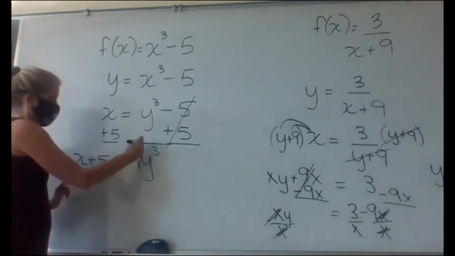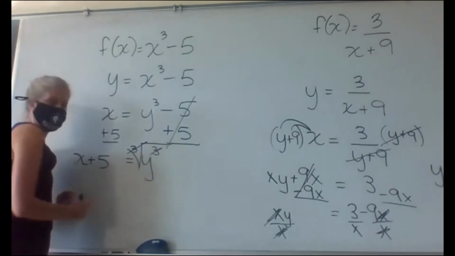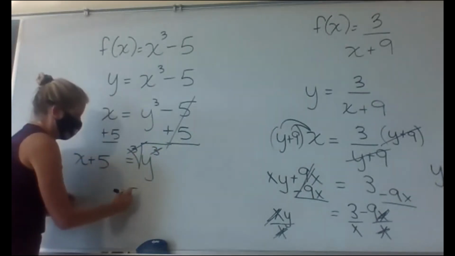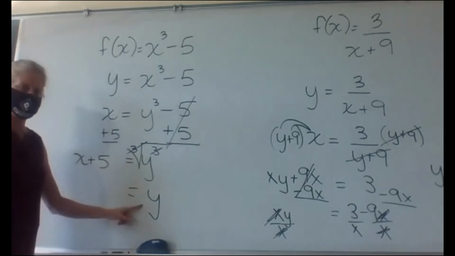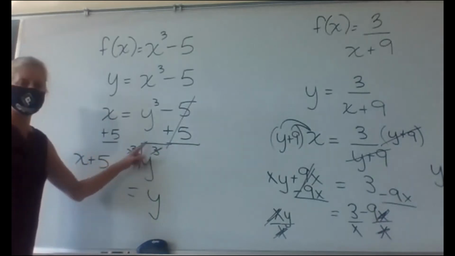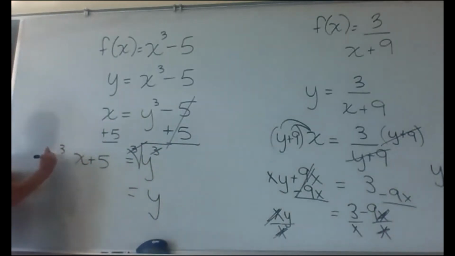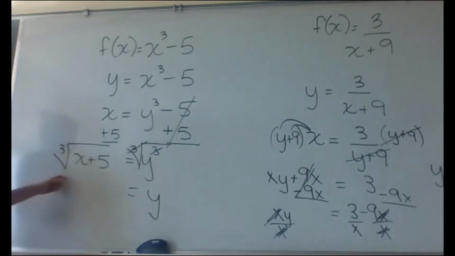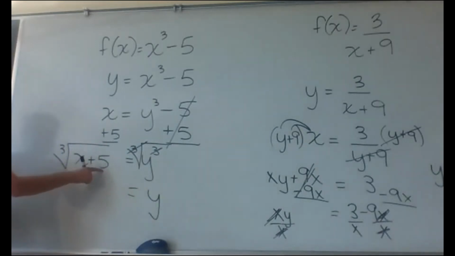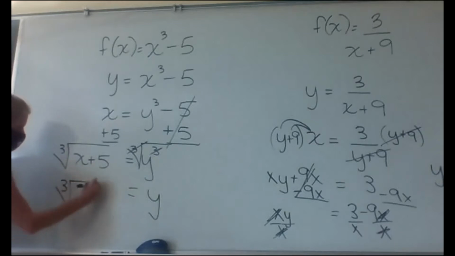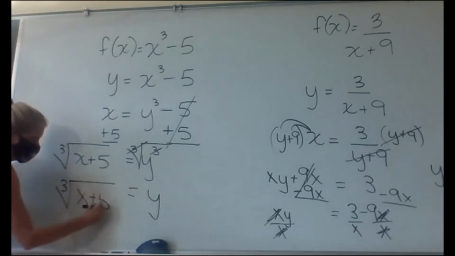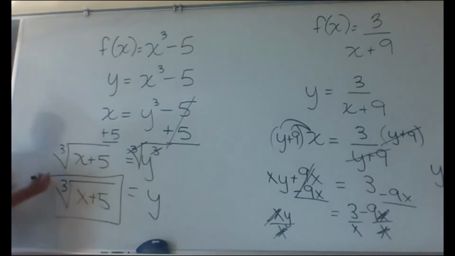The cube root is going to cancel out the third power. So you'll just be left with y. But if I took the cube root of this side, don't I have to do the same exact thing to the other side? So now the cube root of x plus 5 is what is left over here. And that is your answer. You leave it. There's nothing else you can do with that.